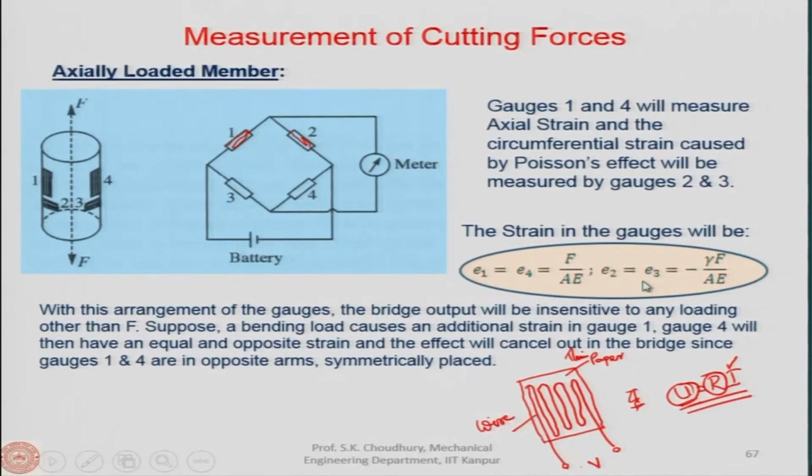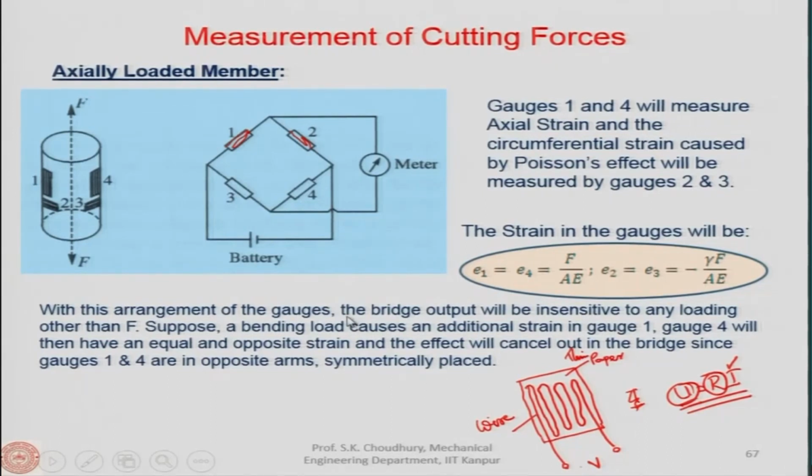And E2 and E3, the gauges which are here, will give the circumferential strain. The circumferential strain will be Poisson's ratio into this, and this will be in the minus form. So, this is a standard value.